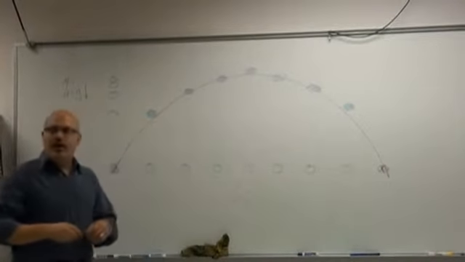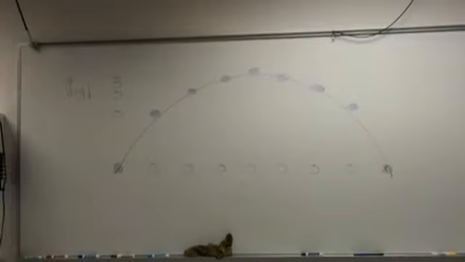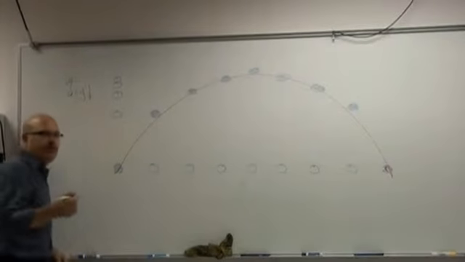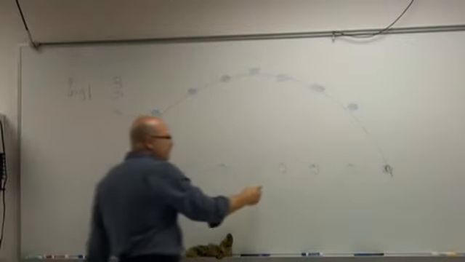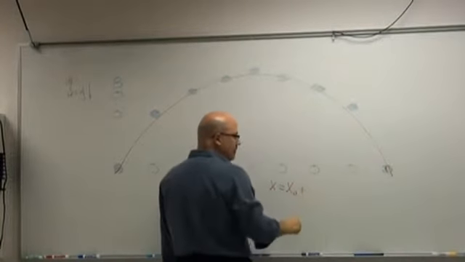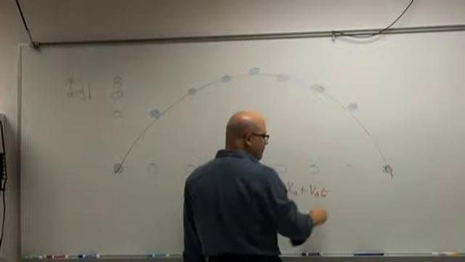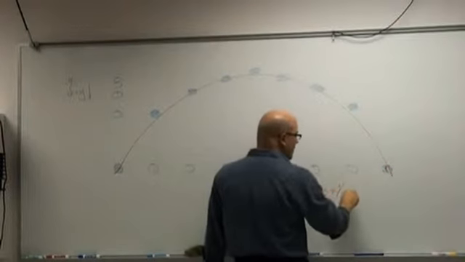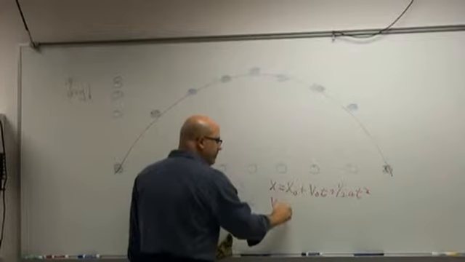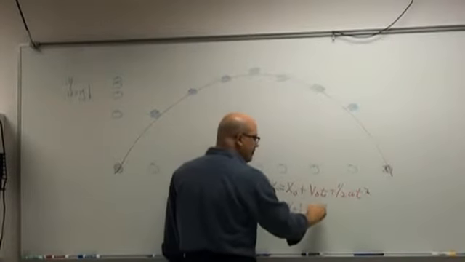So let's take a look at what happens to our three equations. Our three equations, what are they? We'll start right here. x equals x naught plus v sub 0 t plus 1/2 at squared. What's our next one? v equals v naught plus at.